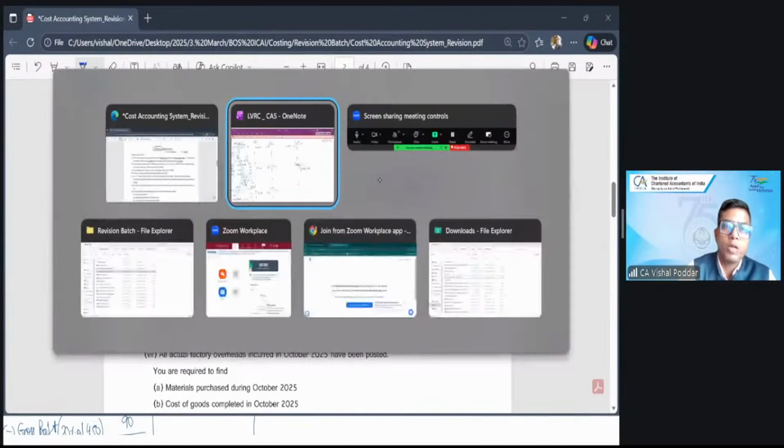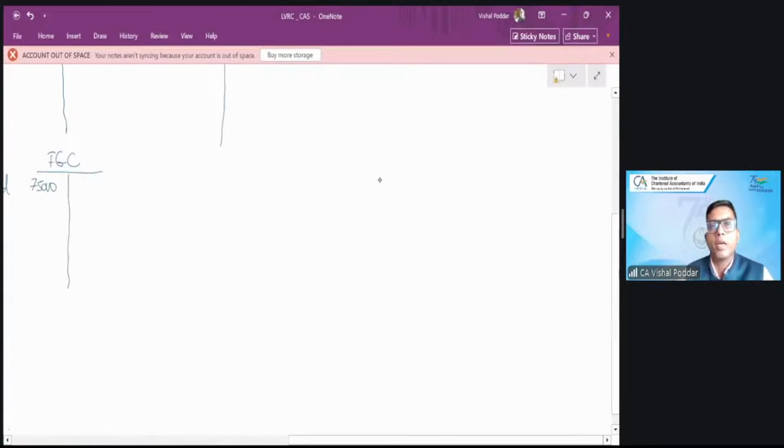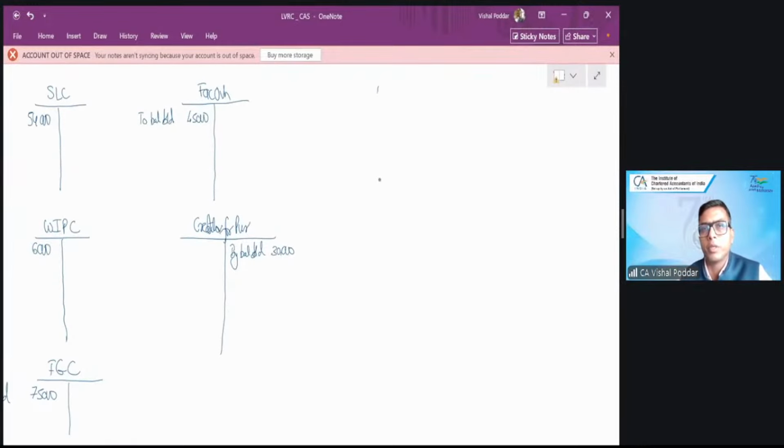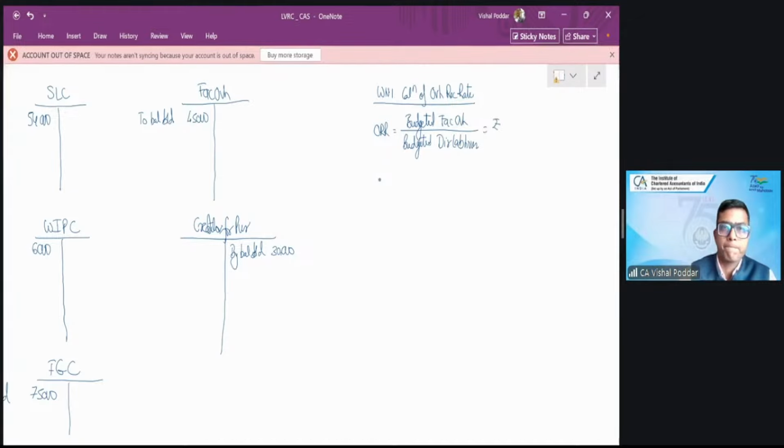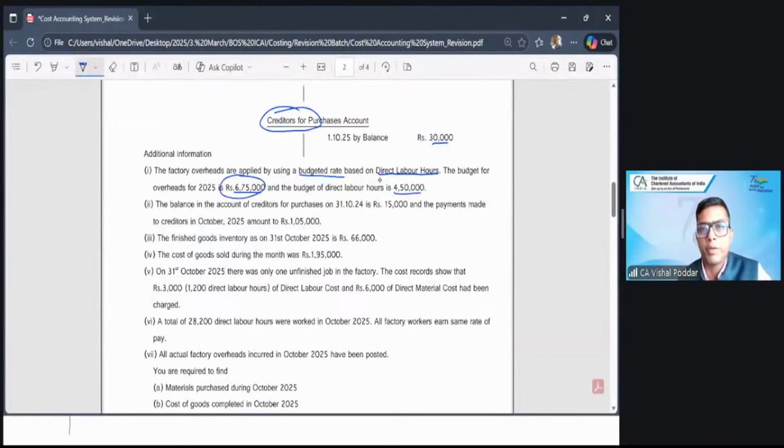Now see, we'll have to ourselves understand what data or information you derive from all this. So calculation of overheads recovery rate, budgeted 675 and 450.